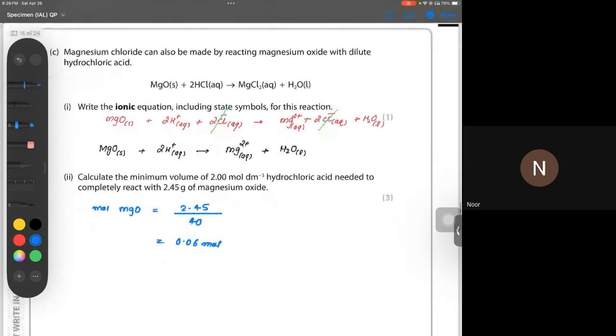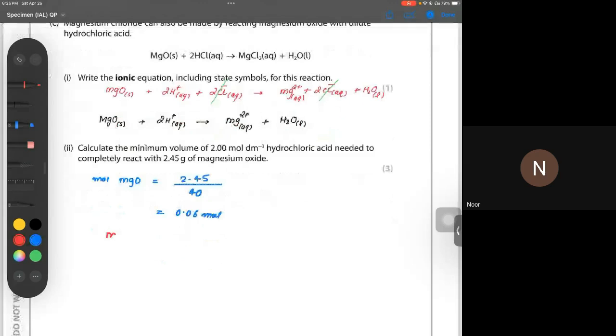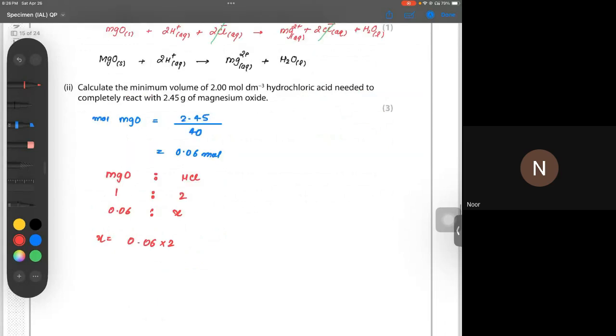Since the mole ratio is 2:1, then this is 1x. 0.06 times 2 would be equal to 0.12 mole of HCl. They are asking the volume. Concentration times volume.